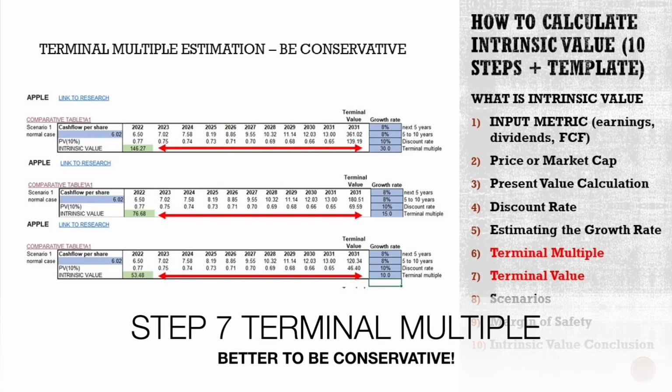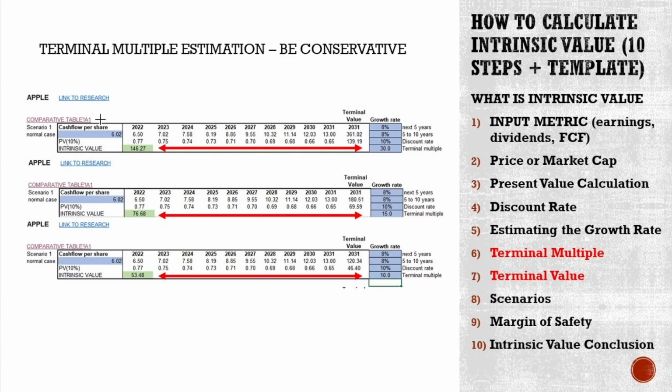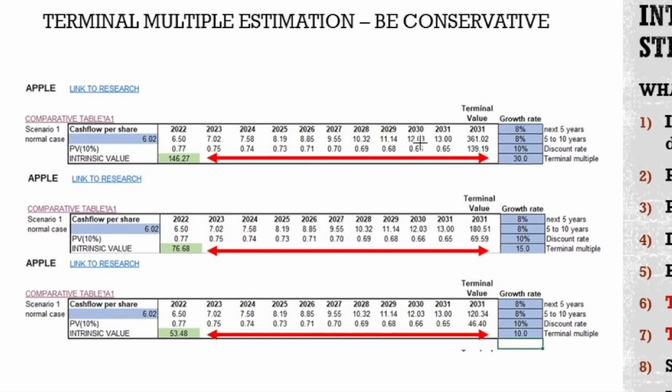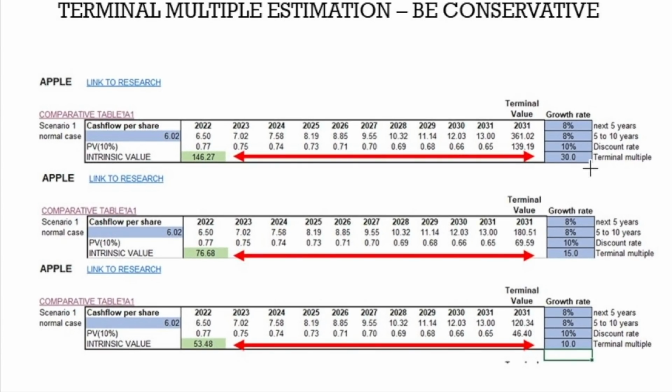The key there is also the terminal multiple, so we are multiplying the input with the terminal multiple, and of course, cash flow per share. This is what is the case now with Apple. There is a 30 times cash flow per share valuation, but also just 5 years ago the valuation was 10. So that might change, which represents the risk and reward of investing in a business like Apple.